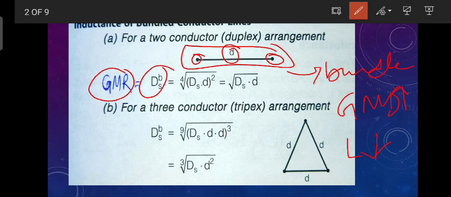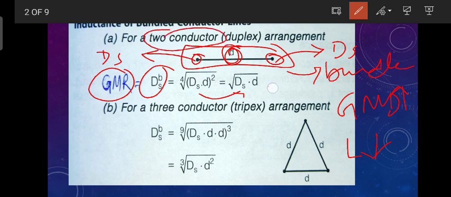Ds is the geometric mean radius of each subconductor, and d is the distance between the two conductors. So we get the root of Ds into d, the geometric mean radius of each subconductor into the spacing between two subconductors. This is the formula for two conductors.